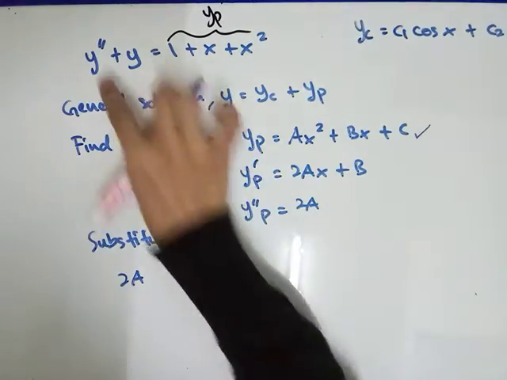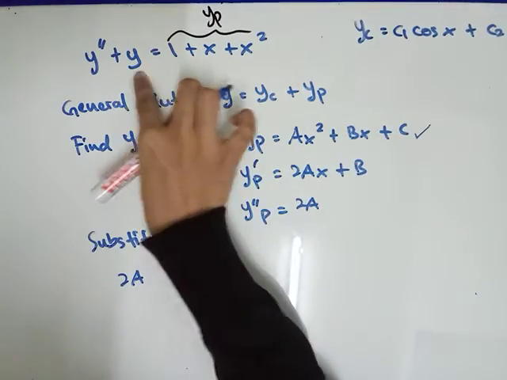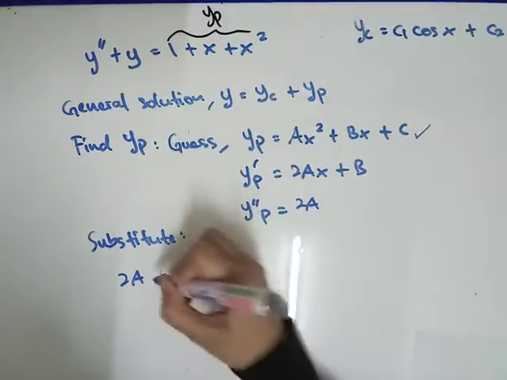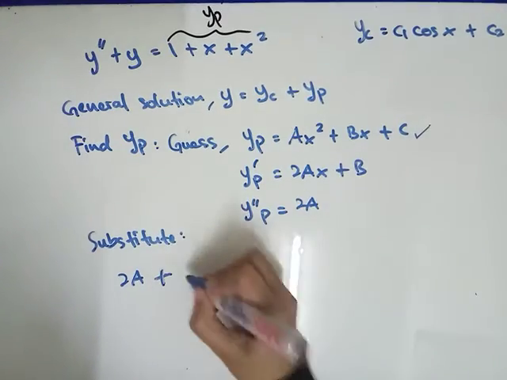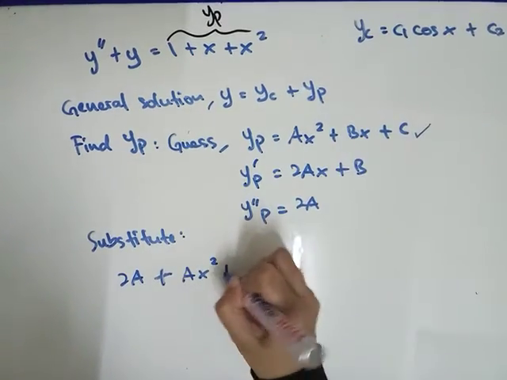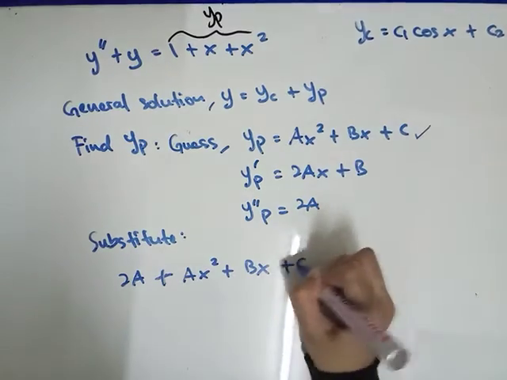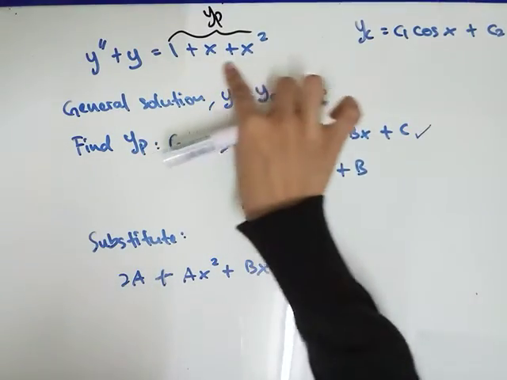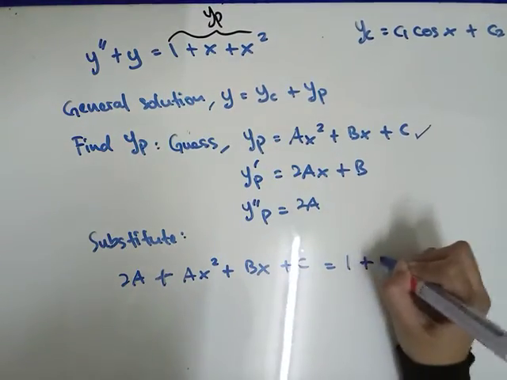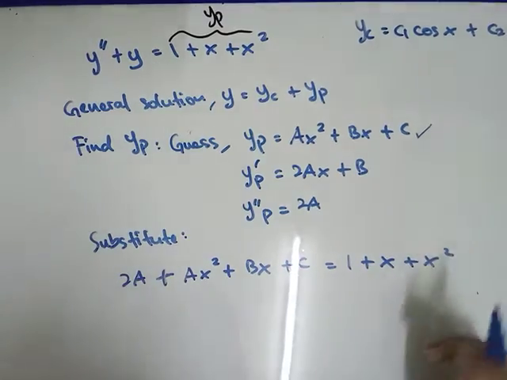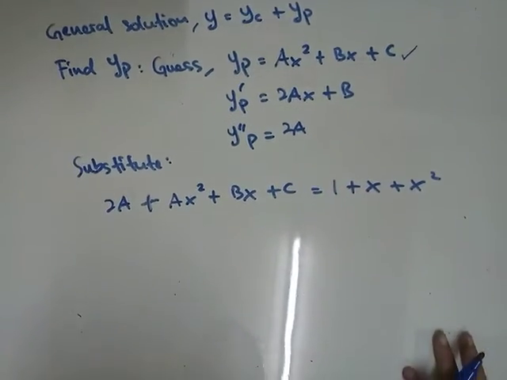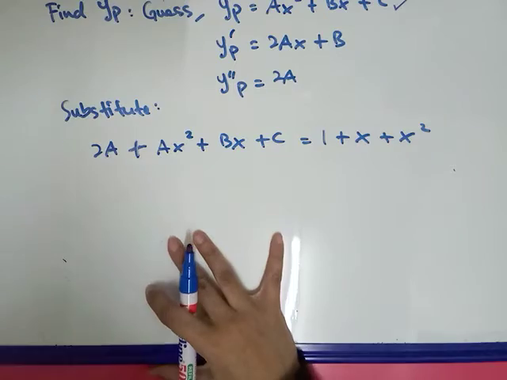So y double prime is 2a, plus y, which is ax squared plus bx plus c, equals 1 plus x squared. Do you see it? Do you understand?